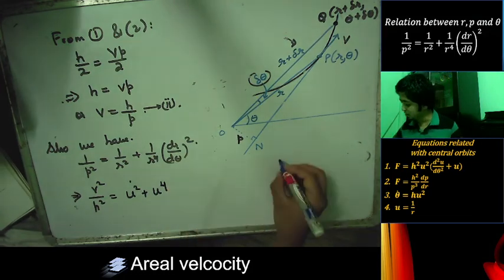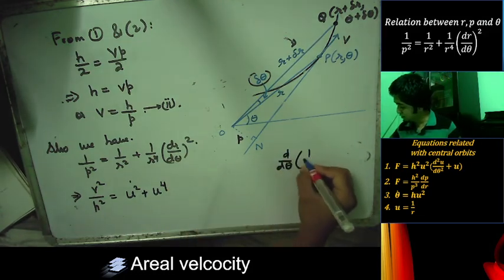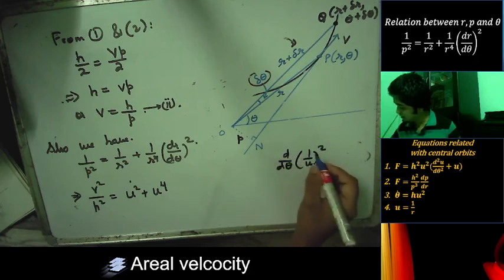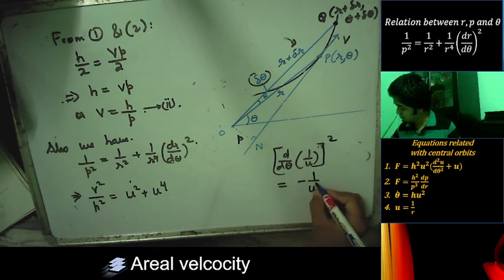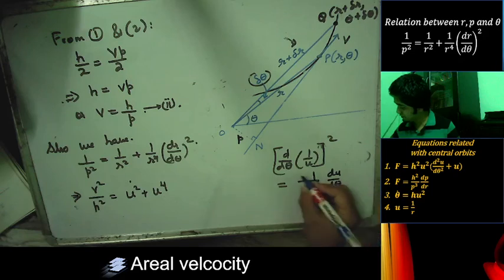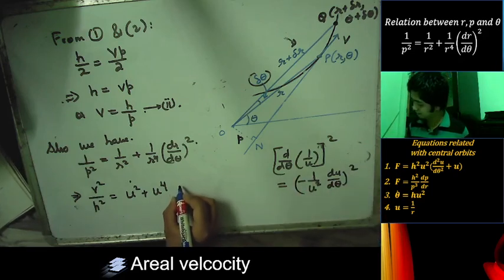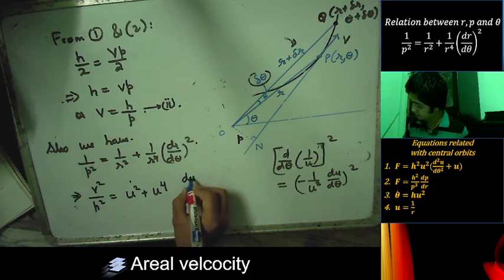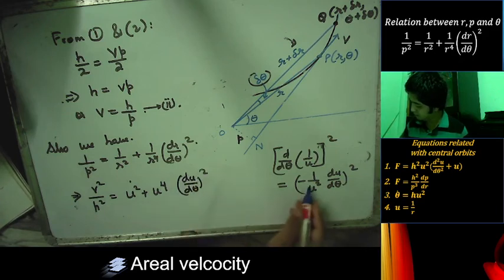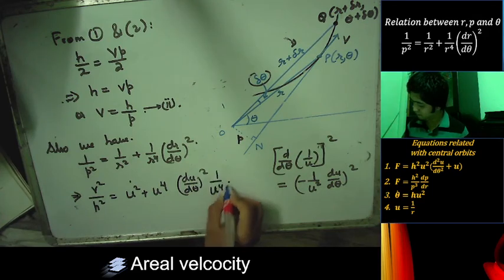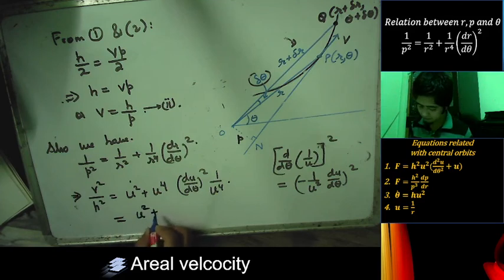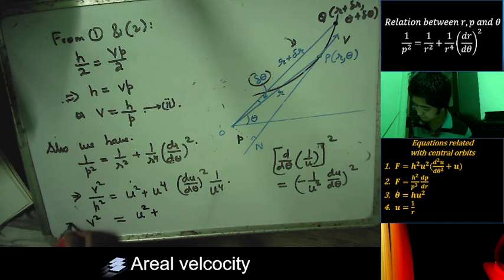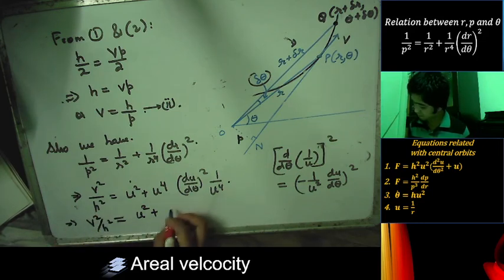What about (dr d theta) whole square? It will be d theta of (1 by u) whole square, which equals minus 1 by u square du d theta, whole thing square. So we get (du d theta) whole square and 1 by u to the 4, which gives us the last equation that we want to find for today: u square plus (du d theta) whole thing square.